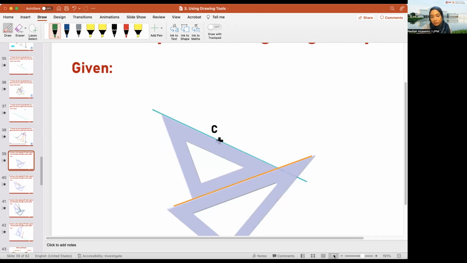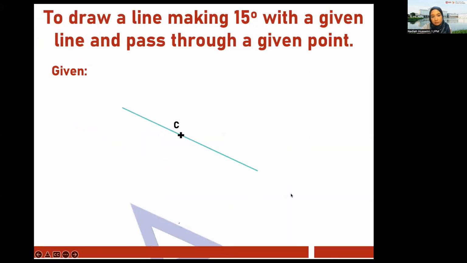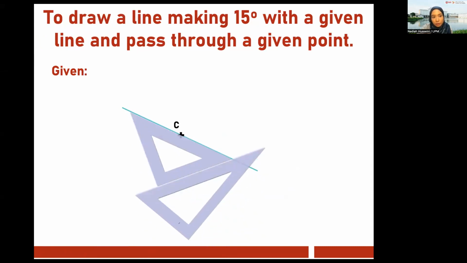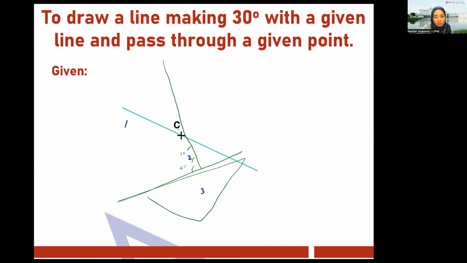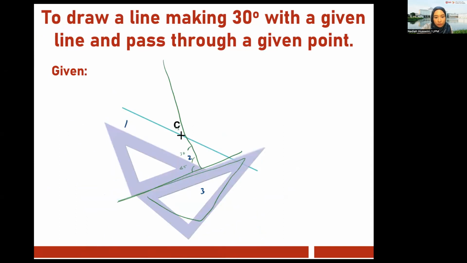You start with this. I know this is not the example, but this is how you establish your horizontal untuk tadi tu. Okay, so now you have your horizontal over here. This is your horizontal lah. So tadi punya Syuk punya method tu, dia letak 45 degrees ni dekat horizontal yang kita dah dapat tadi tu.